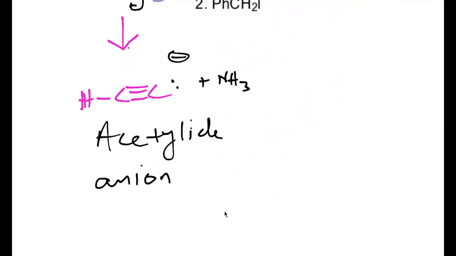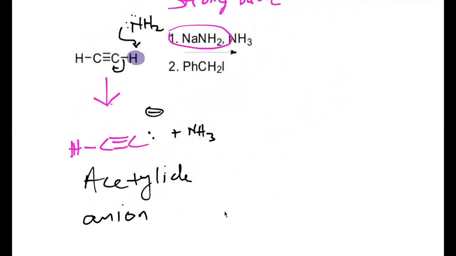So when I see an alkyne in the presence of a strong base, I already know that it's gonna do proton transfer with that base and give me this anion, which can be a good nucleophile, or it can be a base. Remember, if you got a primary alkyl halide, it'll be a nucleophile. If you got a secondary or tertiary, it's going to be a base.